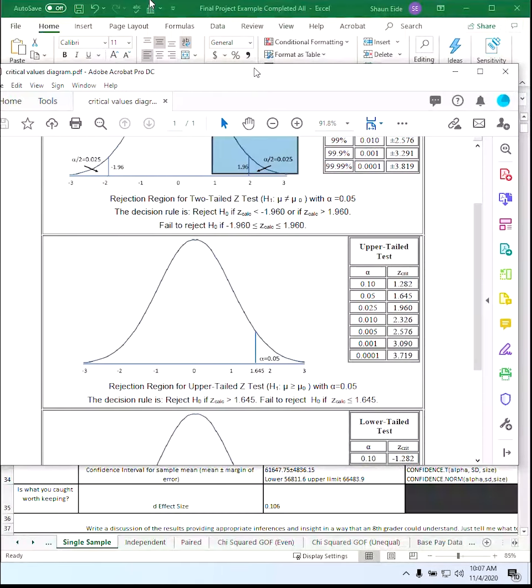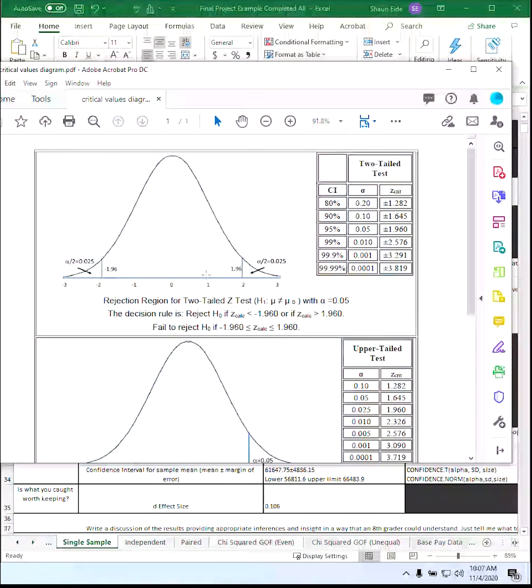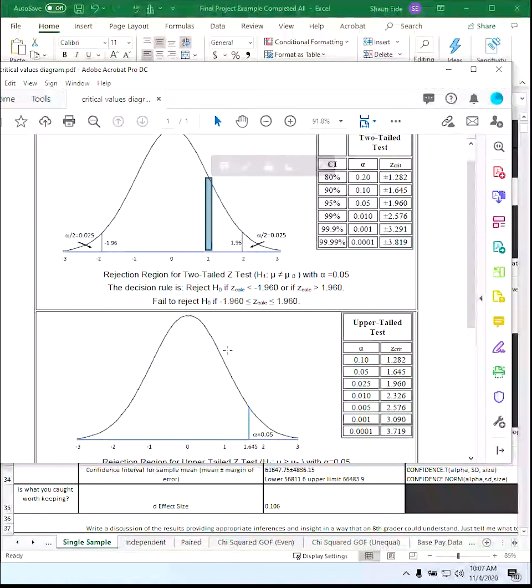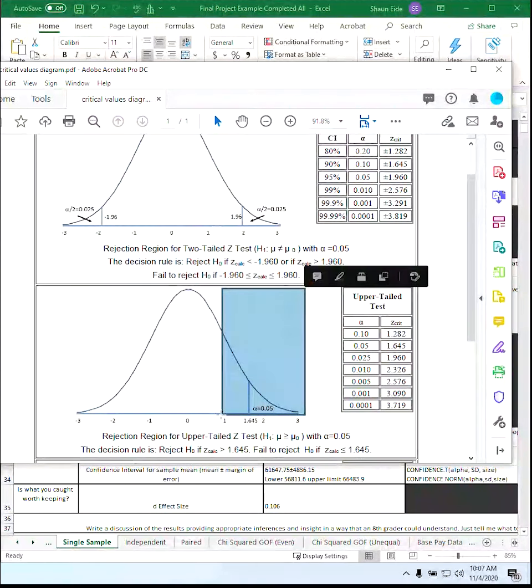If you're looking at this chart right here, and you've got a z-calc of 0.96, and you're running an upper tail test, you would say, what's the probability of you getting 0.96 or higher, or more extreme? That's going to be 0.96 or everything higher.